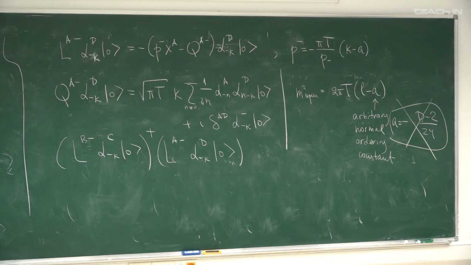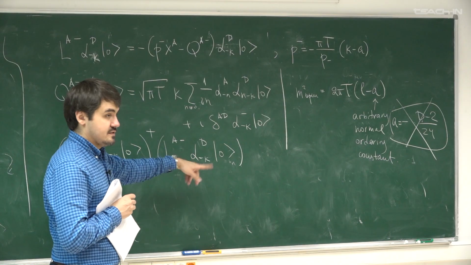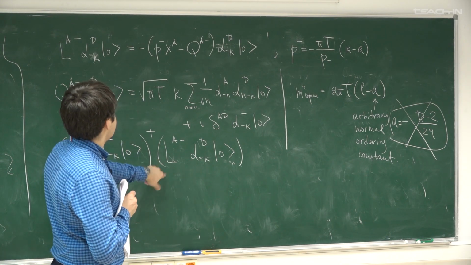This is just one half of this, and the commutator is when you interchange A and B and subtract. So all you need to compute is this state, and for this state we have this formula.